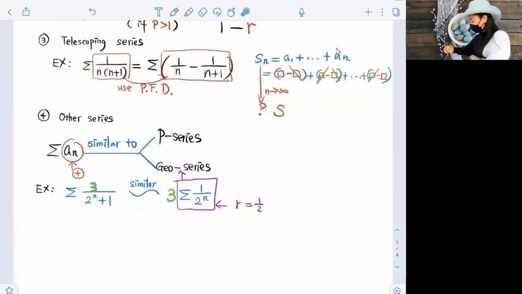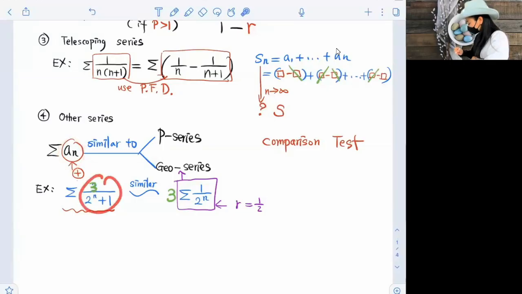So we use the comparison test for this. You can compare this one with this one, because both of them have positive terms, right? Positive, positive. You want to use a comparison test.